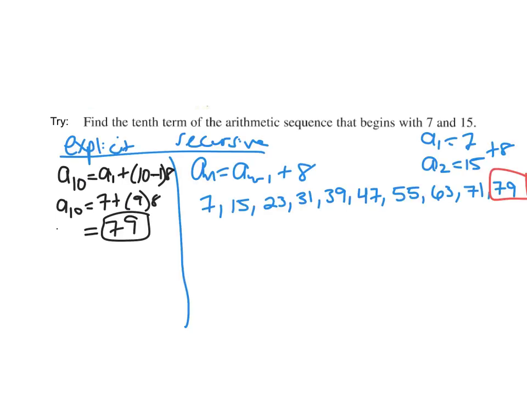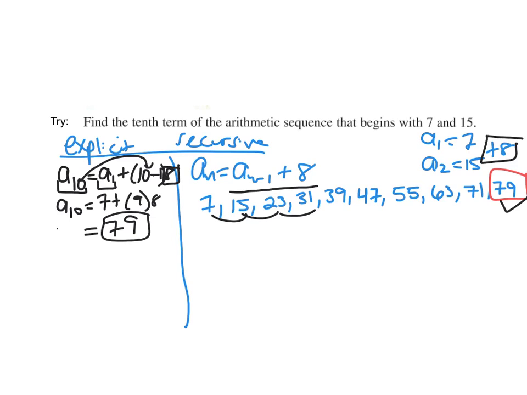The recursive way, you have to find the difference between the terms. So in this case, it's plus 8. So your recursive formula would be a sub n minus 1 plus 8, and then you could just literally say you're adding 8 to get all the way up to here. Now, the problem with that is it's a little tedious. I actually find the explicit formula a little faster because what you can do is just plug in, you're finding a sub 10, you know a1, so you can plug in 10 for n.